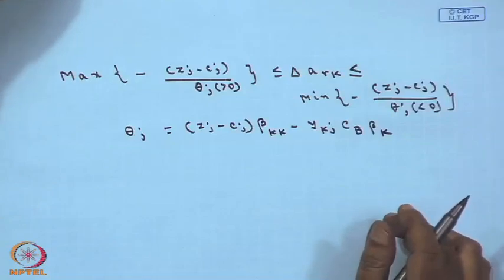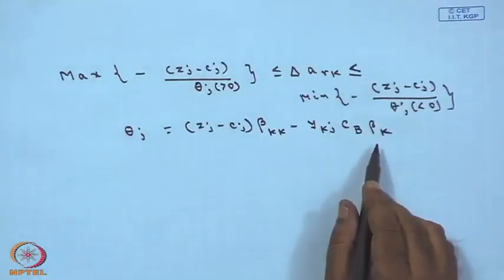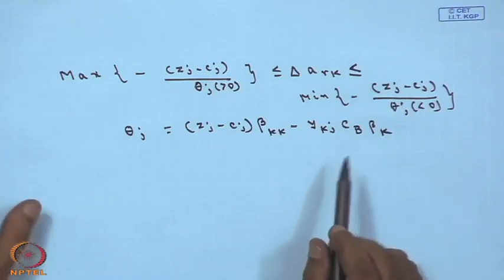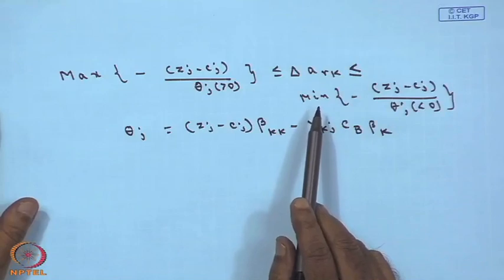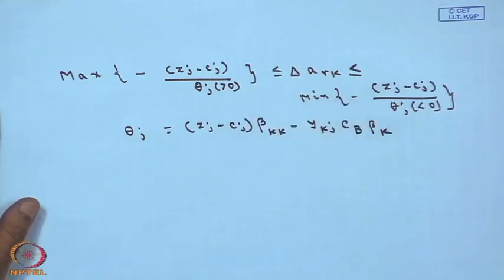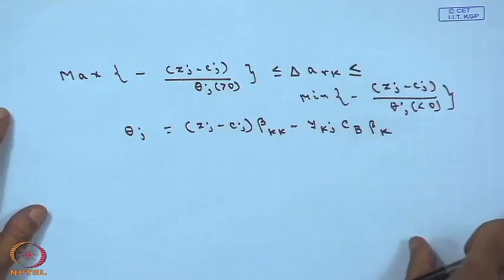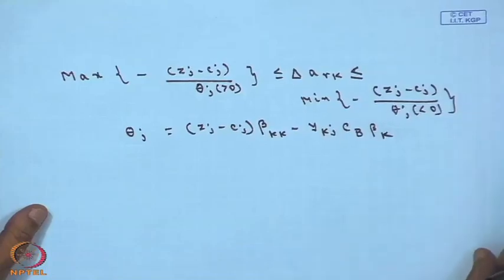So from this itself you get this form of theta j. If delta Ark, the change in some element of the coefficient matrix, lies in this range, then again there will be no change in the optimality. But if it does not lie in this range, then you have to reformulate the problem and solve it again.